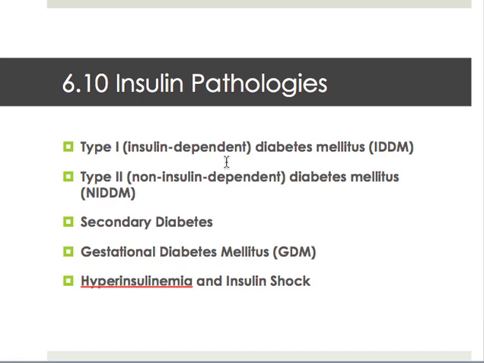Type 2 is non-insulin dependent diabetes, and the majority of diabetic patients are assigned to this category. This is a typical middle-aged individual being diagnosed, and it usually goes hand in hand with obesity and being overweight. We know that in type 1, it was an absolute insulin deficiency. Type 2 is a relative deficiency of insulin.